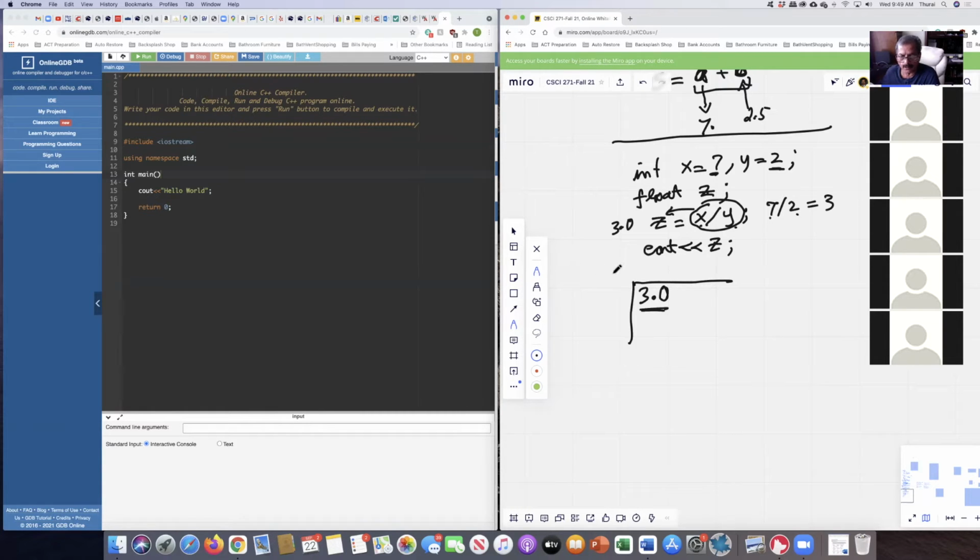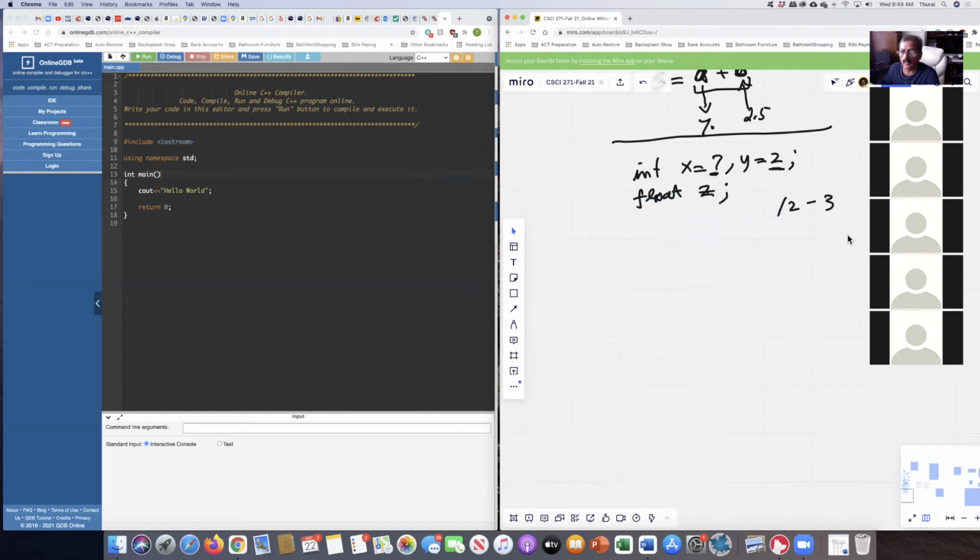I don't want to change the original declaration because I need those variables to hold integer numbers. So let me erase this and show you how to make it print the correct answer. I just want to get the right answer for this division.